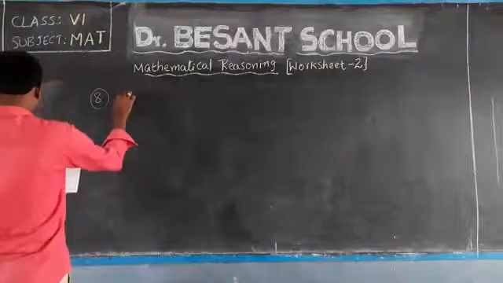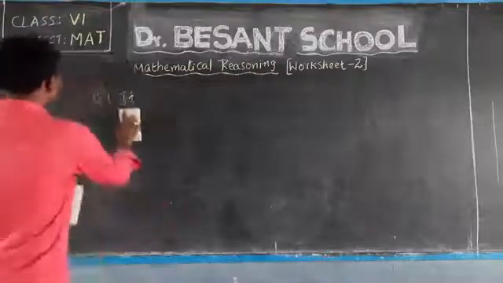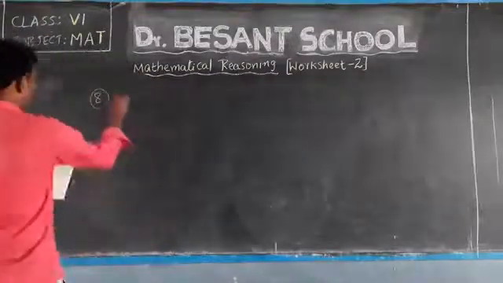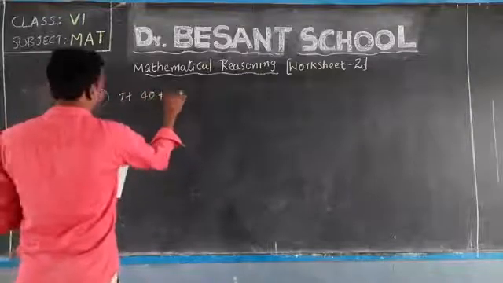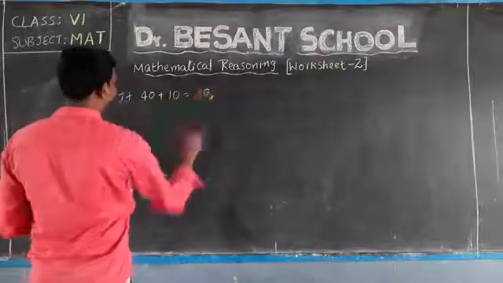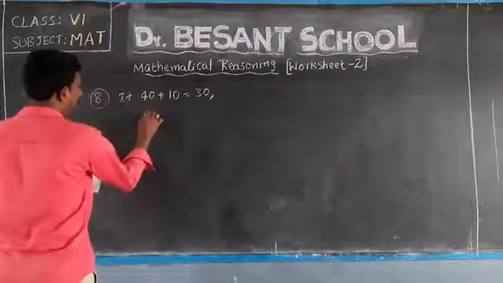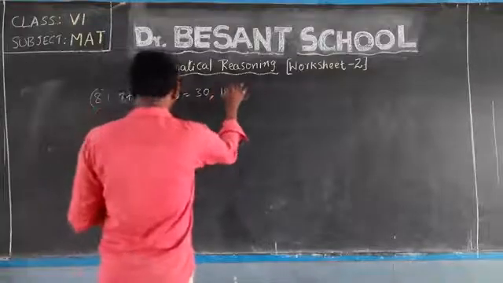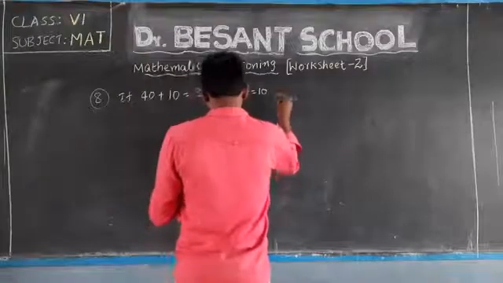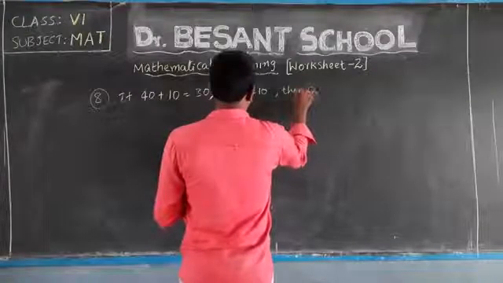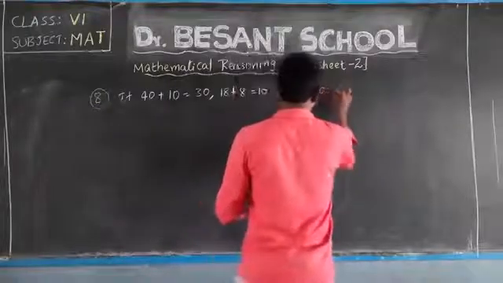Question number 8. Very interesting one. If 40 plus 10 is equal to 30, similarly, I will write down here, 18 plus 8 is equal to 10, then we have to find the value of 60 plus 60.